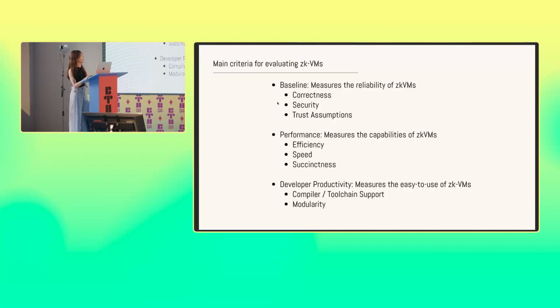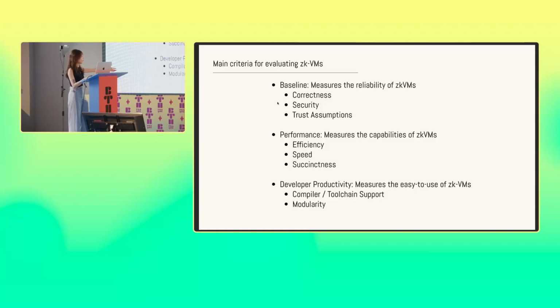It measures the reliability of a ZKVM. The baseline includes correctness, security, and trust assumptions. The second is performance, which measures the capabilities of a ZKVM: how energy efficient it is, how fast it is, and how succinct the proof being generated and verified is.